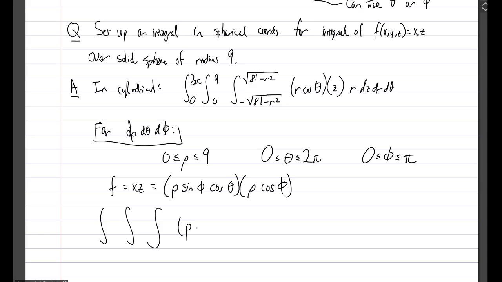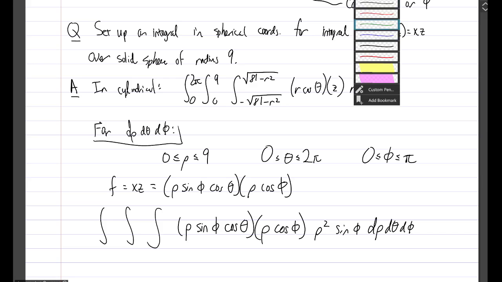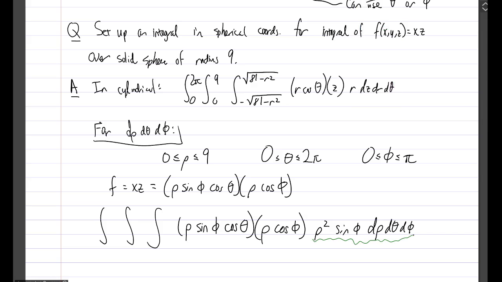So rho sine phi cosine theta, and then z got replaced with rho cosine phi. And then dv is rho squared sine phi d rho d theta d phi. Let me underline this part; that whole thing here is dv.